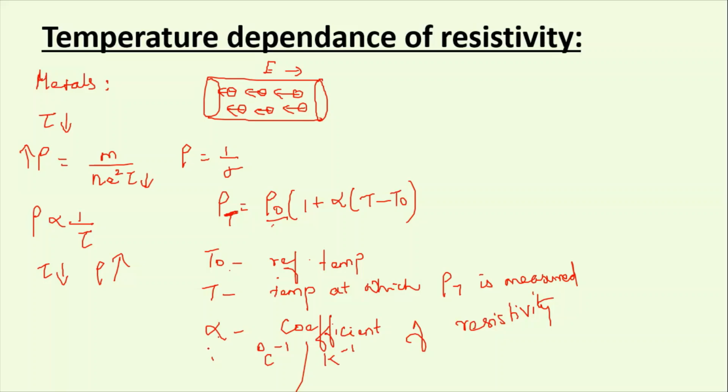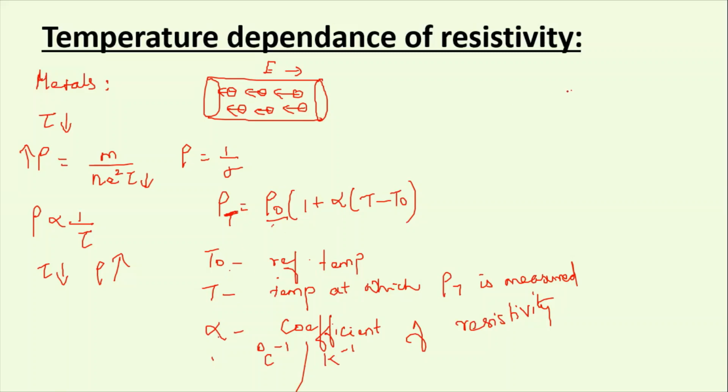It is a parameter that tells us the increase in resistivity per increase in temperature. And for most of the metals, this value alpha will be positive.